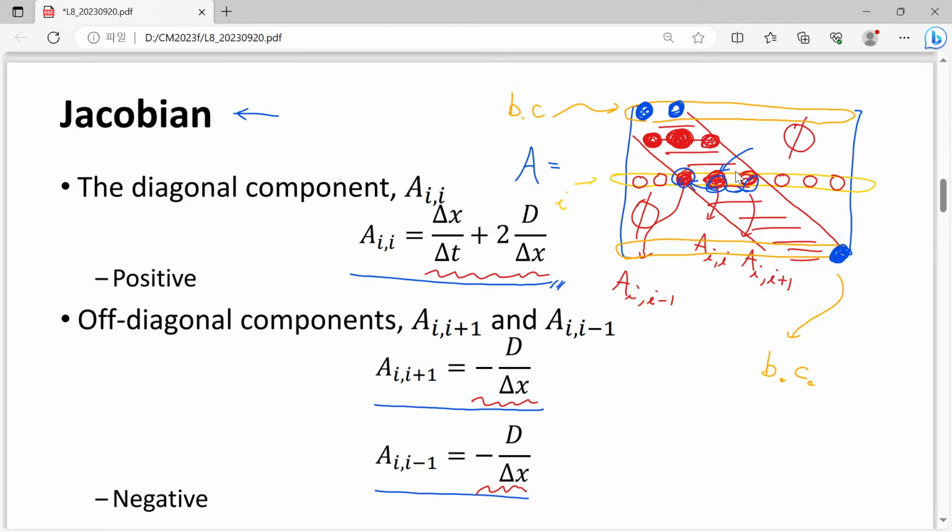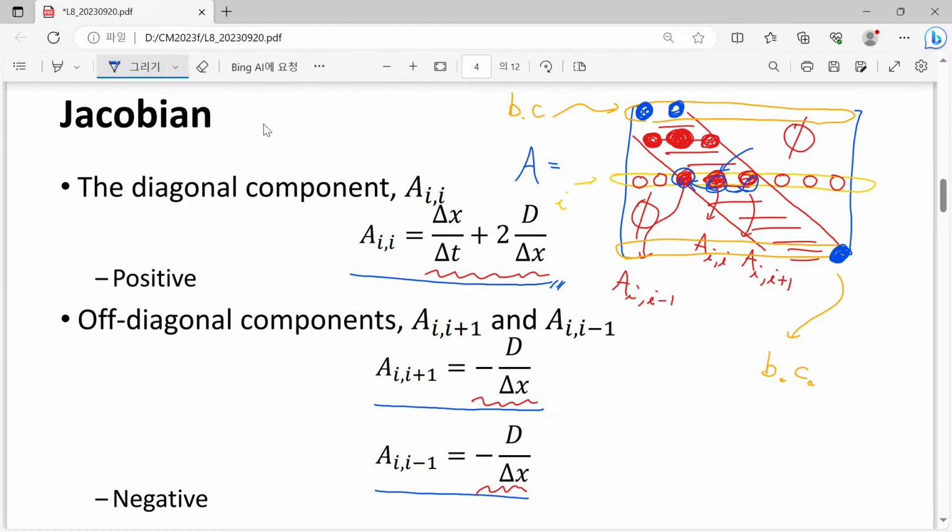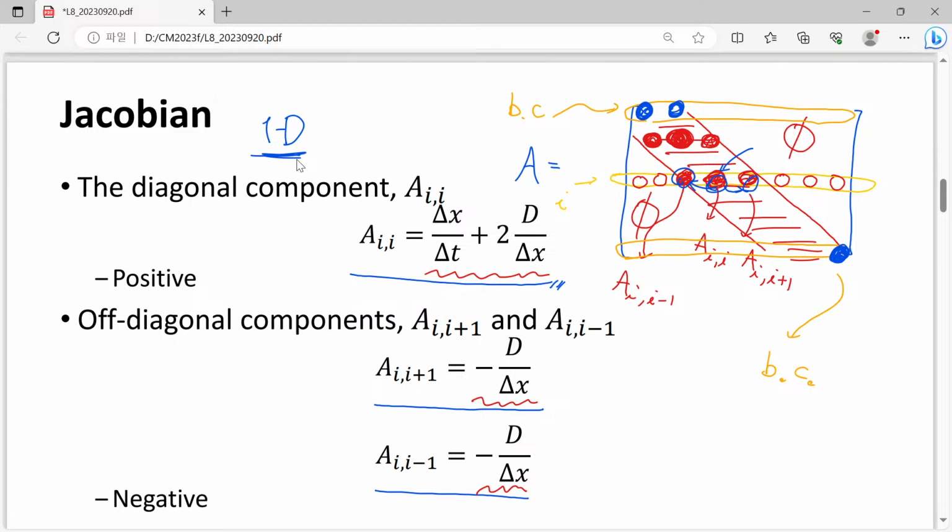But this good property can be found only for one-dimensional cases. If we go to two-dimensional or three-dimensional cases, it is not possible for us to have such a narrow bandwidth Jacobian matrix.